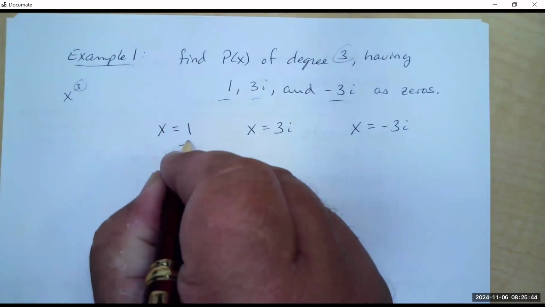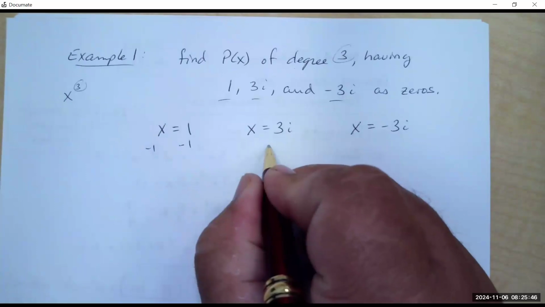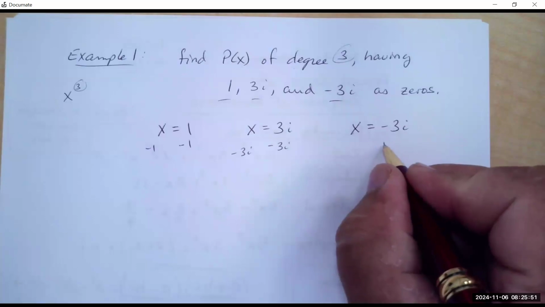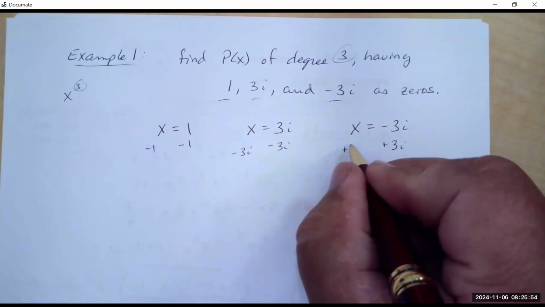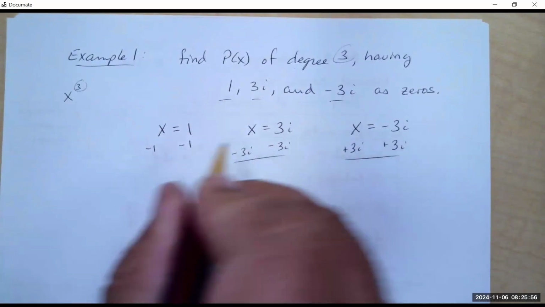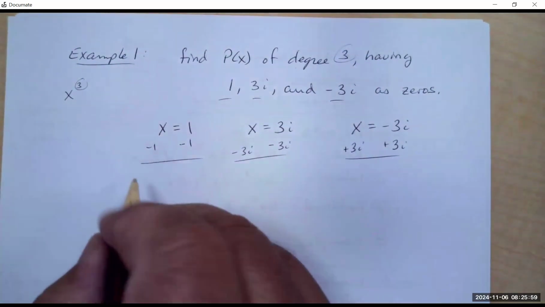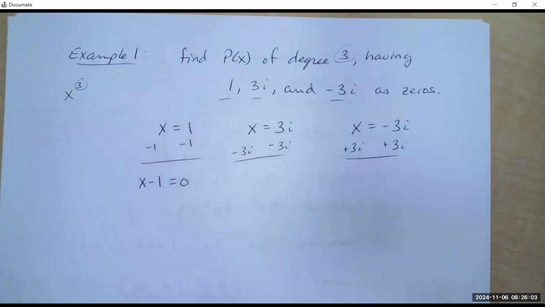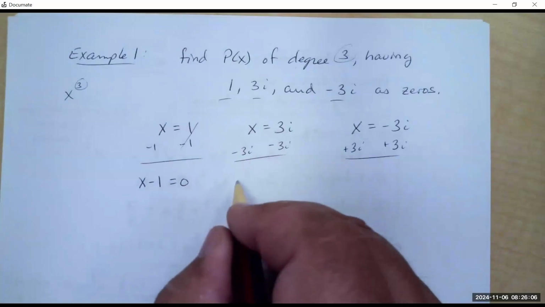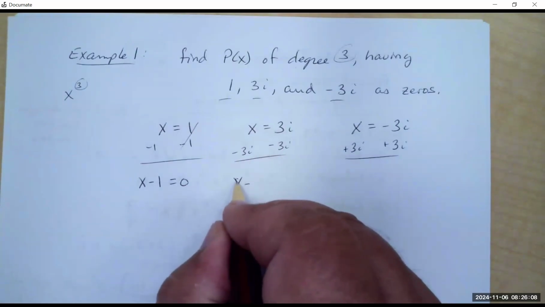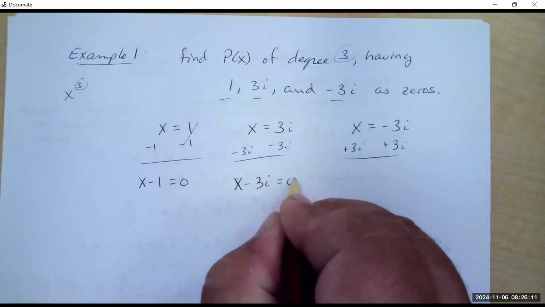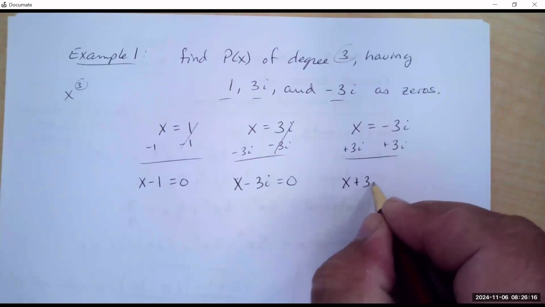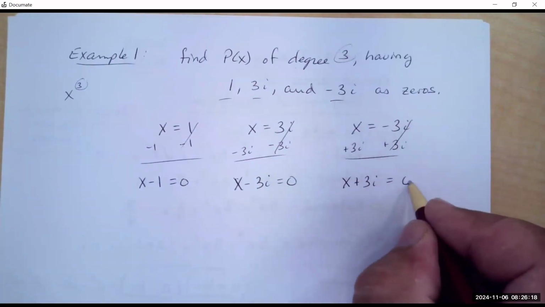So in this first one, I have to subtract 1 from both sides. Subtract 3i from both sides. And then add 3i to both sides. So we have x minus 1 equals 0. X minus 3i equals 0. X plus 3i equals 0.